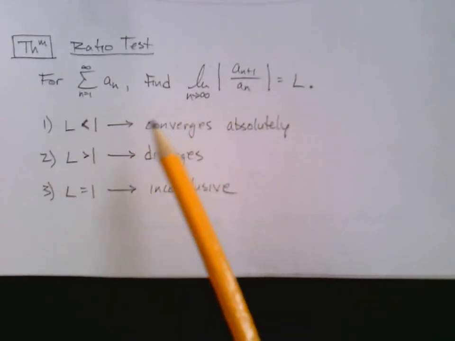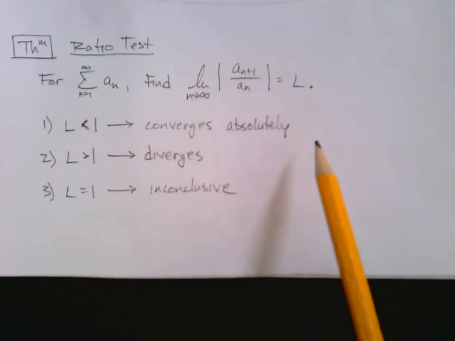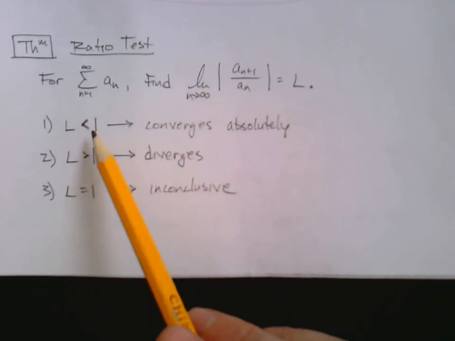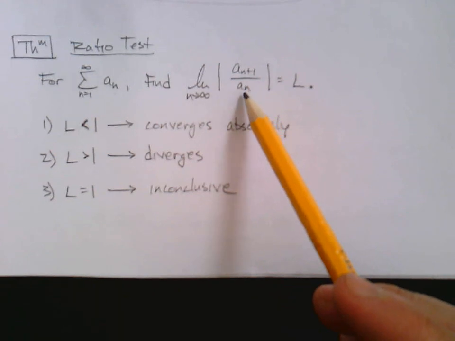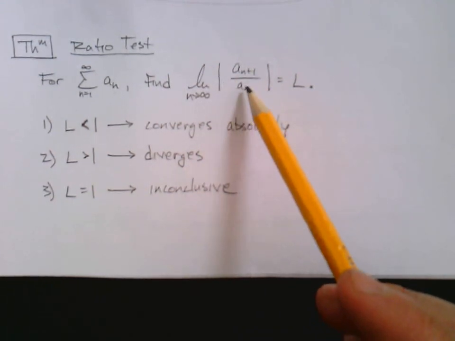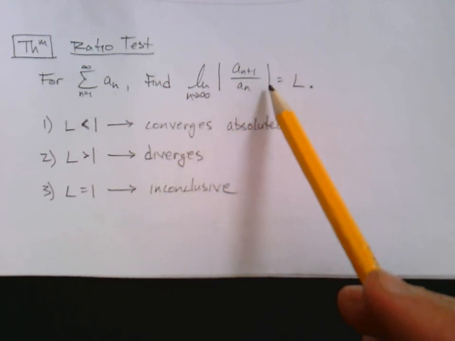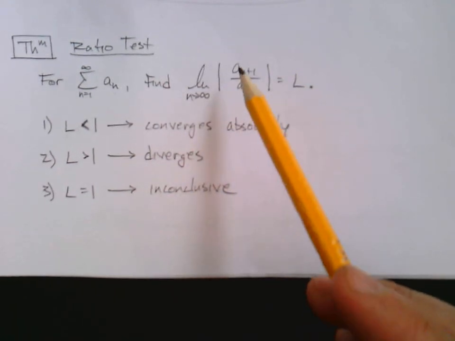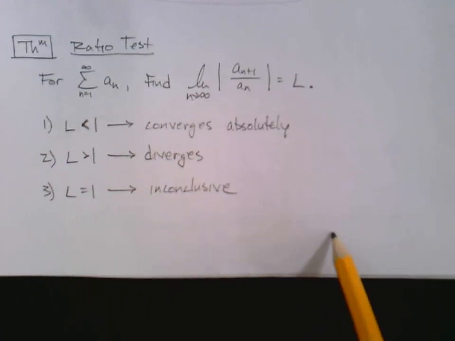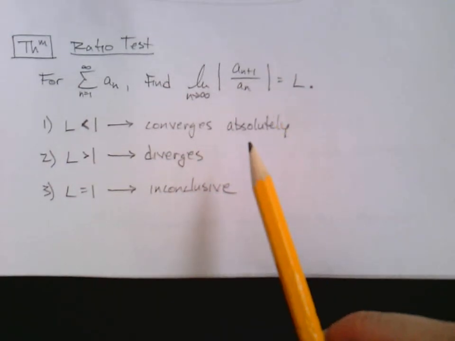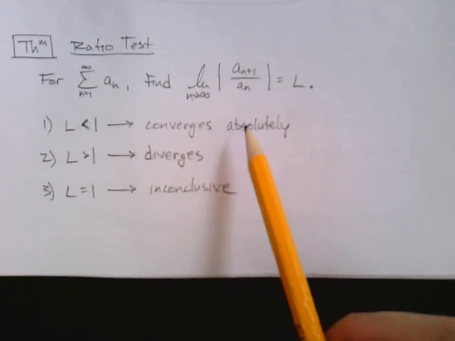So just really quick, why is this the case? We're really thinking about whether the terms increase or decrease. If the limit is less than 1, that means the terms are getting smaller, and so the terms are getting smaller and it converges. There's more going on than that, but I think that'll do for an explanation.